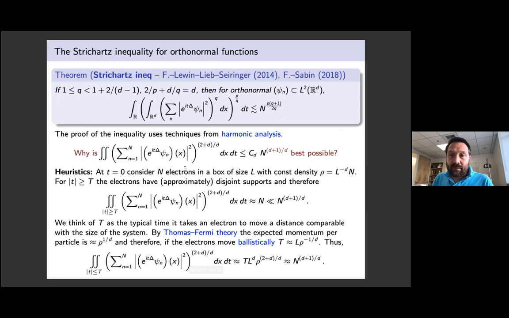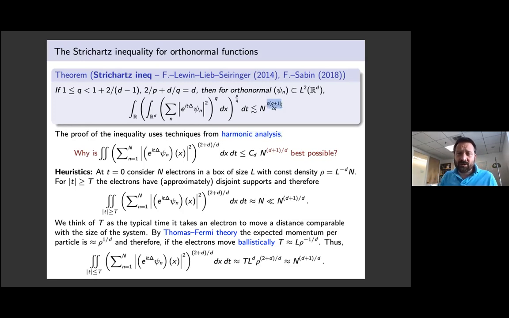So instead of going through the details of this proof, which make very heavy use of techniques in harmonic analysis and are somewhat technical, let me briefly explain how you could guess such a power.